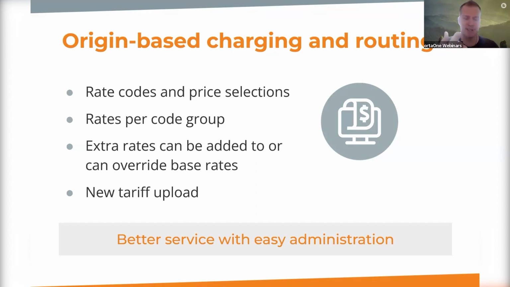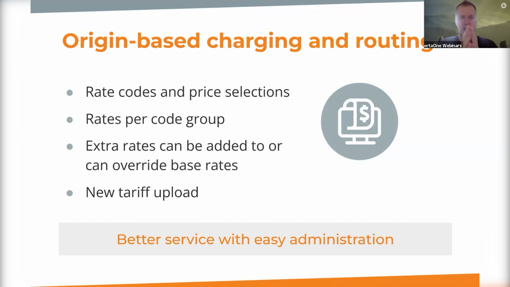Now we have an explicit selection on the tariff, whether it is a tariff where pricing is defined per rate code, or it's a tariff where the pricing is defined per code group. Okay, the old tariffs with pricing defined per rate code work exactly the same way as they used to work. Nothing changed for those tariffs. So don't worry, the old tariffs are still there, and they will stay in the system for the foreseeable future.